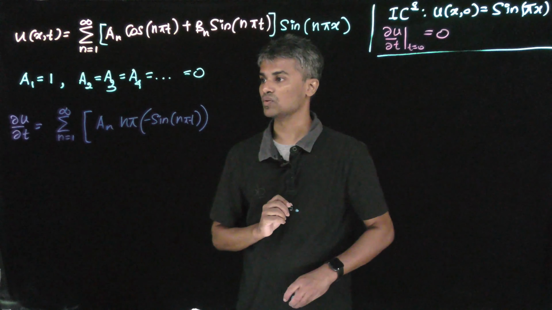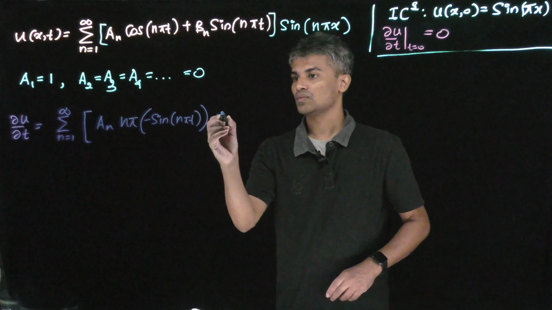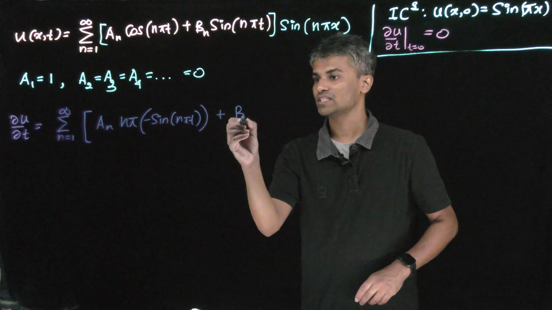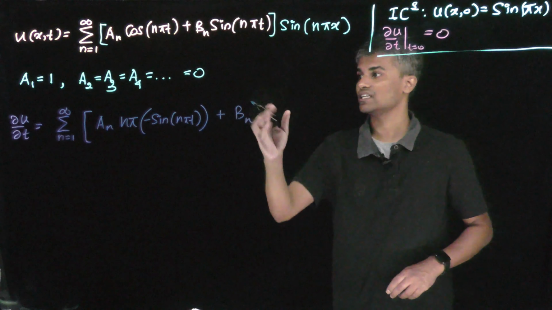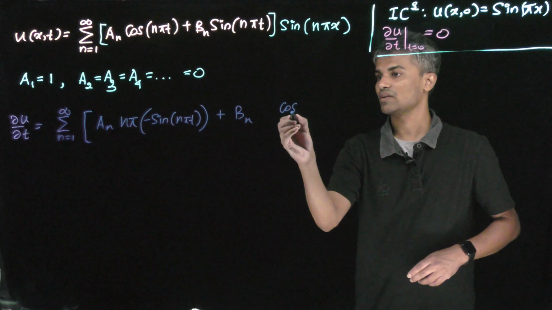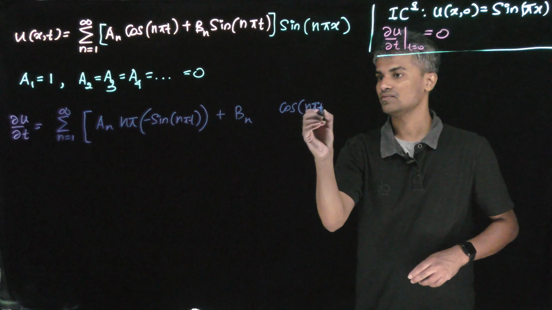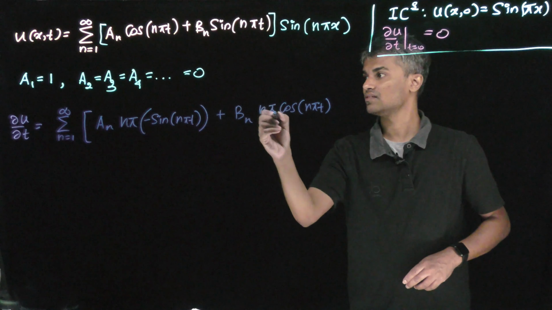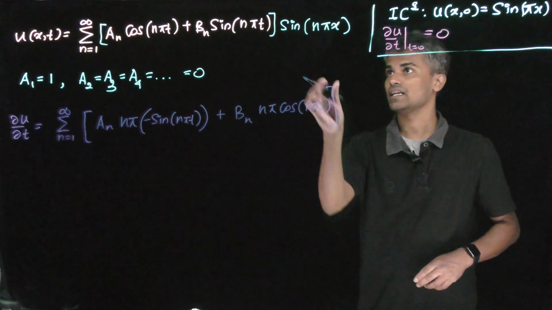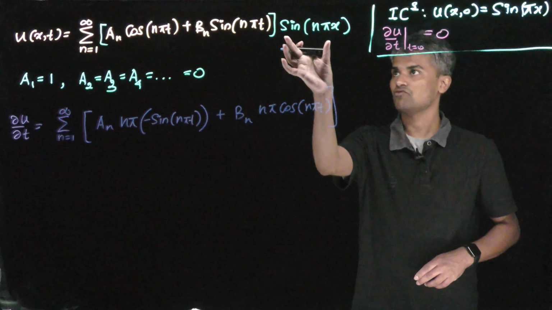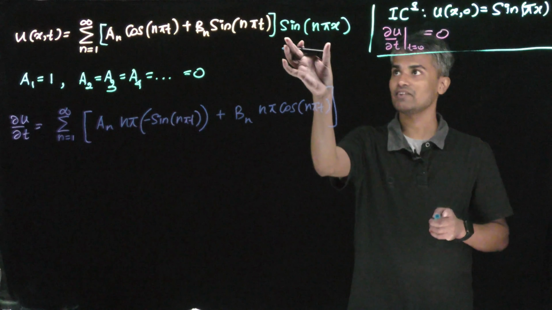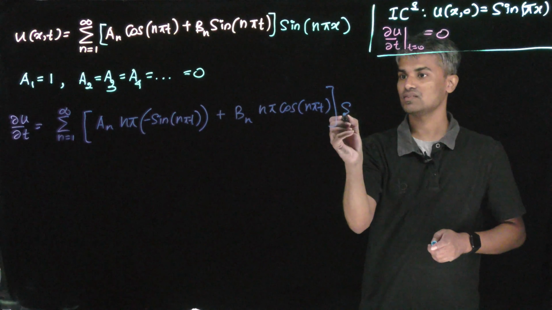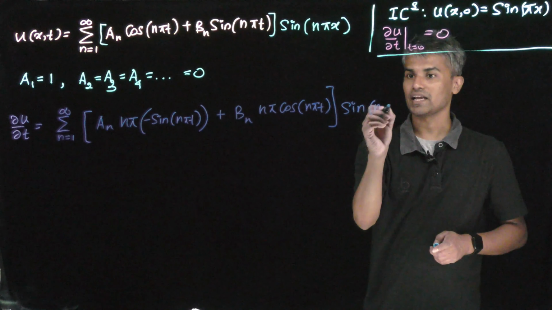So, we need to use the chain rule, plus b sub n times derivative of sine is cosine. So, we have cosine of n pi t times n pi, and then we have this function, but with respect to the t variable this is a constant. So, we have sine of n pi x.